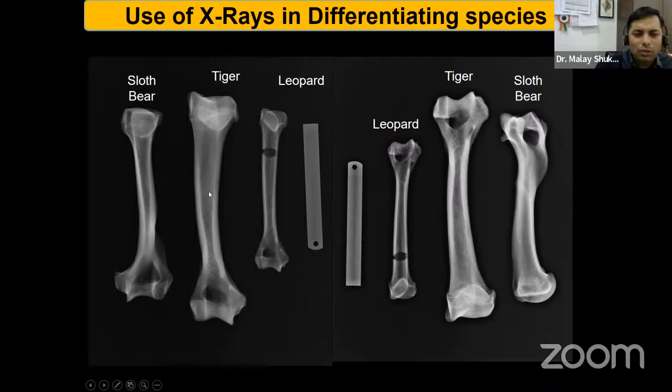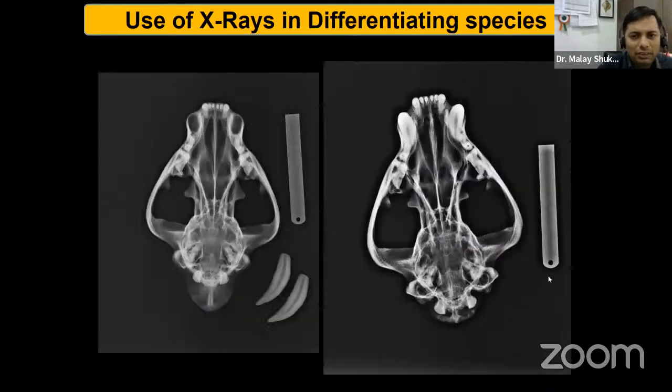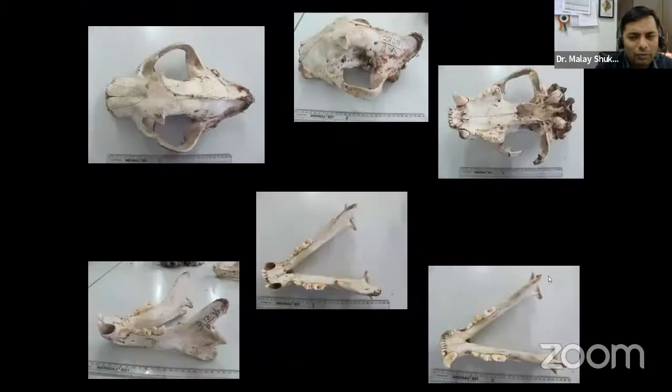So we are also trying to come out with a manual on X-ray examination of different species, where a femur of a tiger can be differentiated from the femur of the leopard, the snow leopard, sloth bear, or any other species. These are the selected species, whatever specimens we have right now.